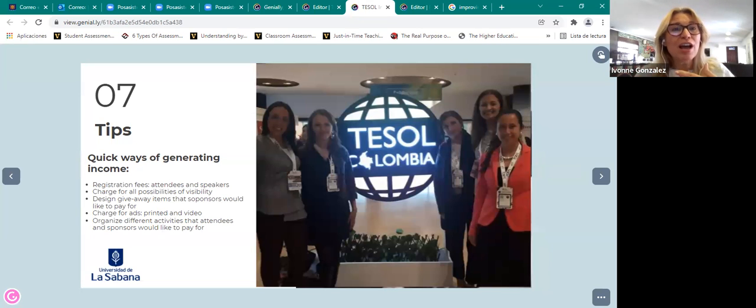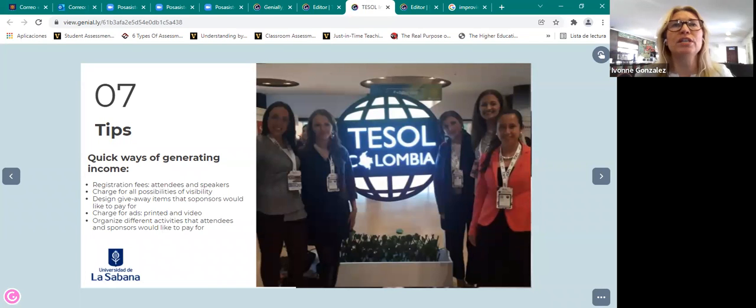And it helps get more people to the convention, so it means more registration fees. And as we have sponsors for the awards, we get some money from publishers and other companies related to ELT that give us money or pay for certain things that we offer through the TESOL Colombia Awards.